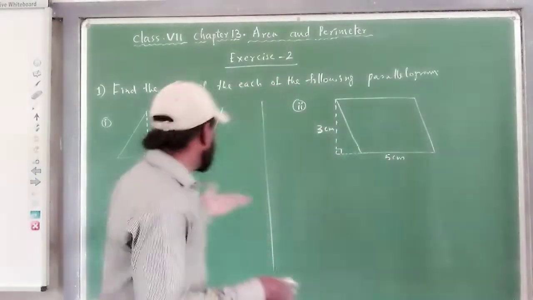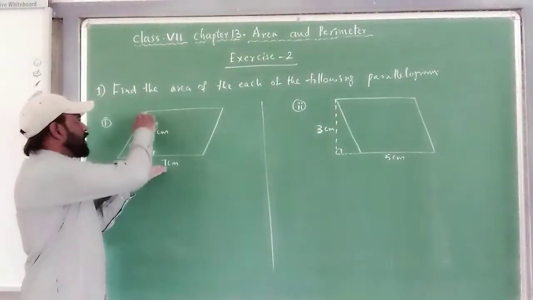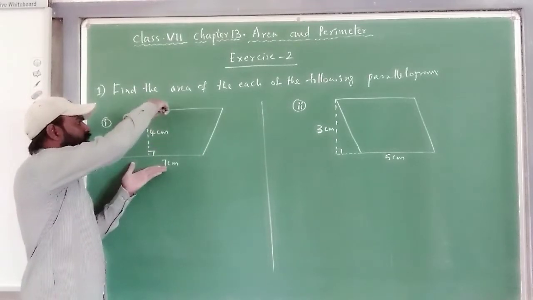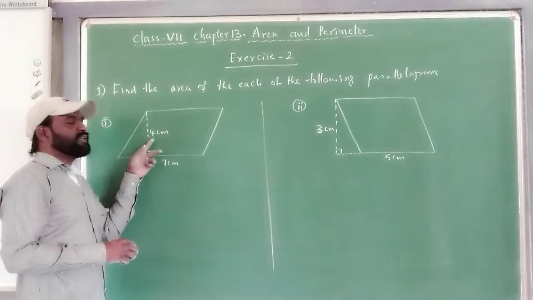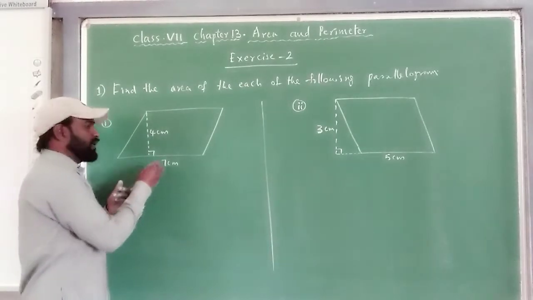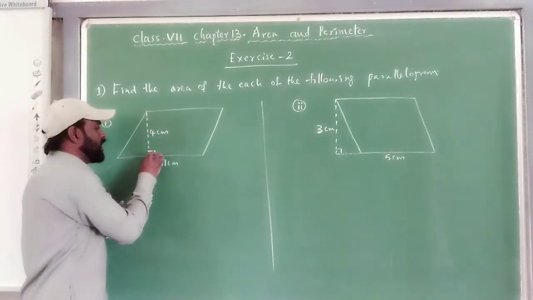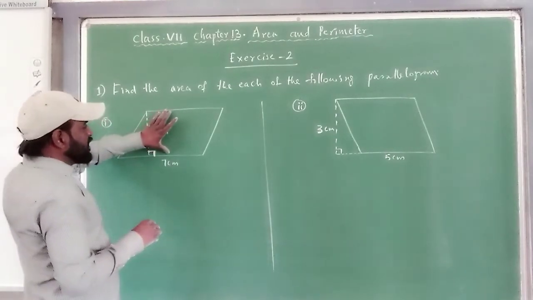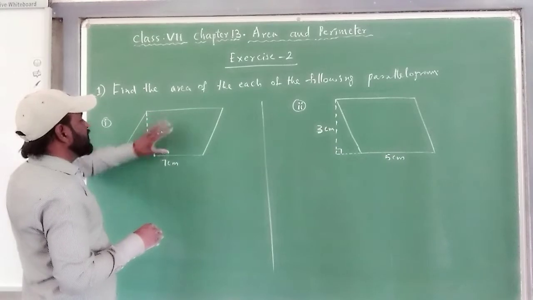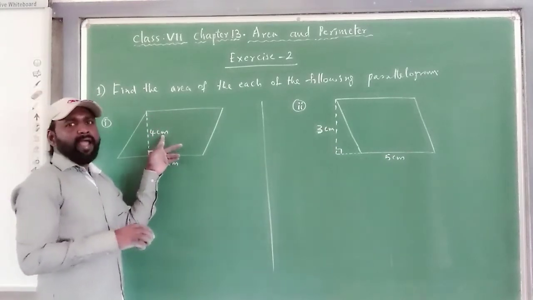So from the given base, the perpendicular distance to the opposite parallel side is the height, which is 4 centimeters. How can you know it is perpendicular? Here the symbol is given, which denotes that it is perpendicular.